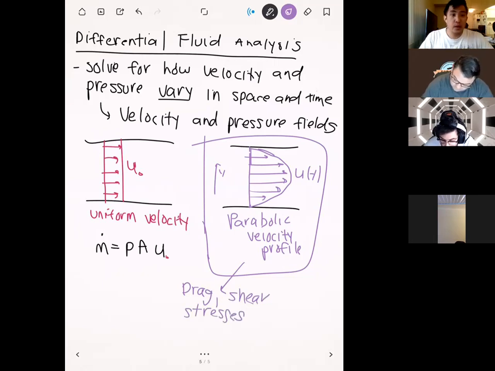We'll see later on how the velocity and pressure fields contribute to a drag force, which is extremely important if you're going to be designing cars or airplanes. Drag is something that you need to know really well.